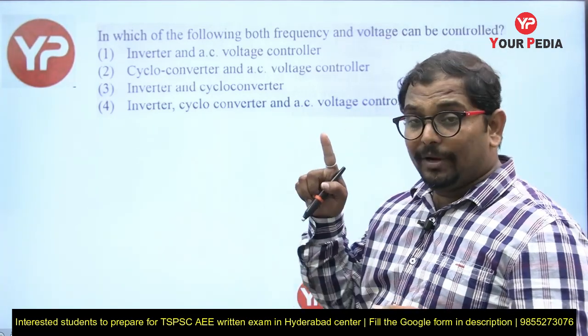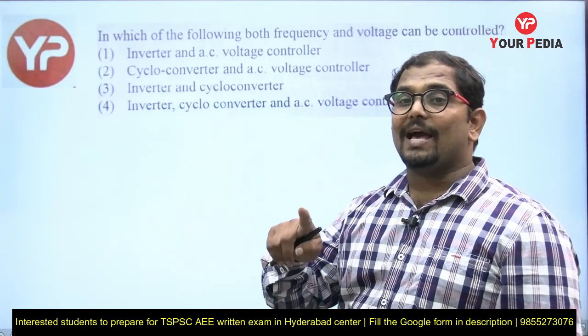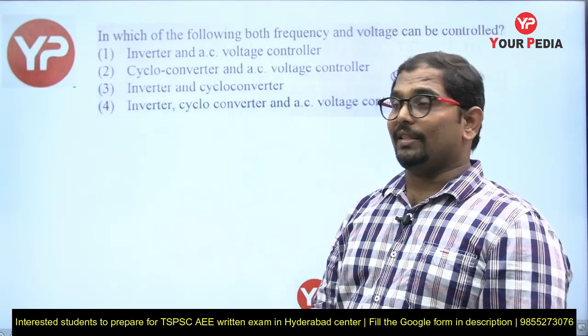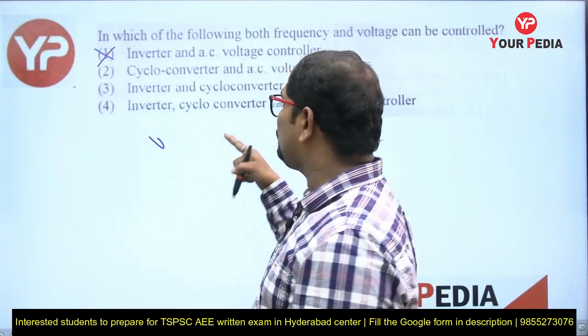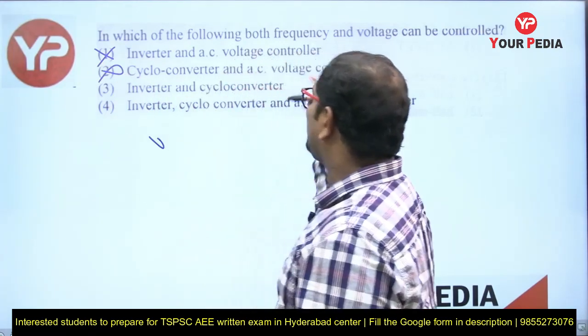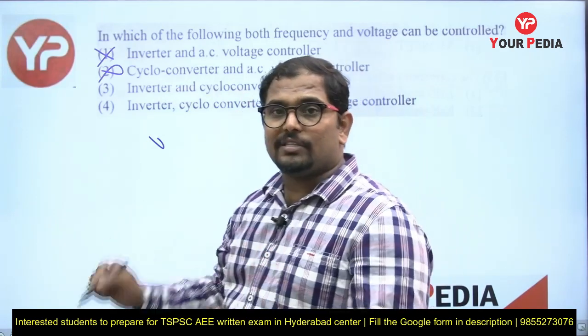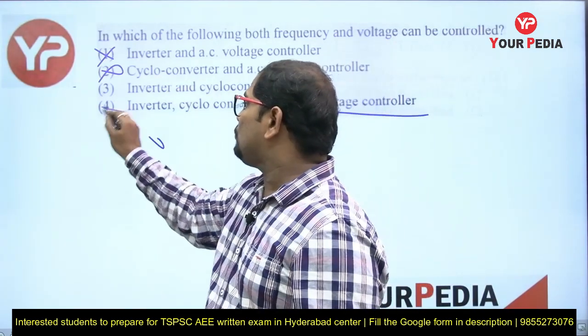So you can eliminate the options which have an AC voltage controller. The first option you can eliminate directly. I am solving this question using option elimination. The second option also has the AC voltage controller. The third doesn't have an AC voltage controller, but in the fourth again the AC voltage controller is available, so I can eliminate it.